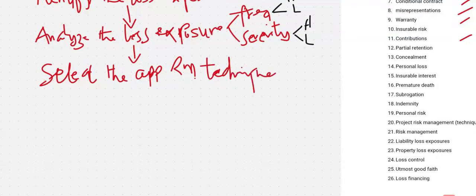Let's make it this way: technique or method. So you select the appropriate risk management technique.